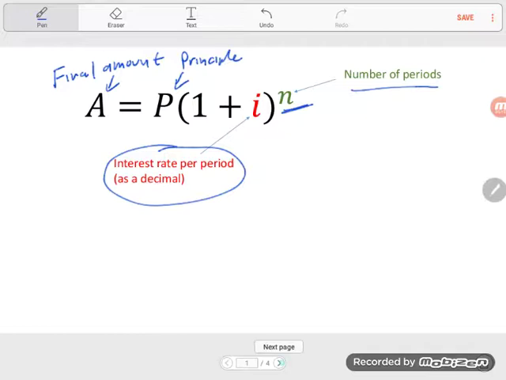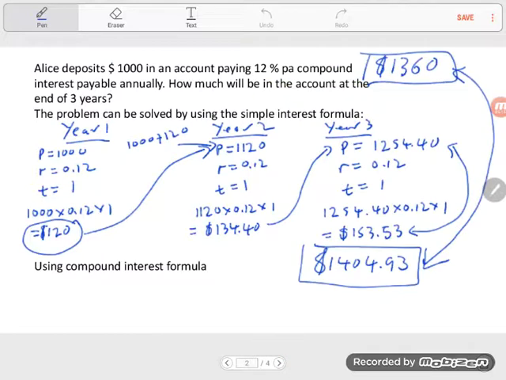So let's have a look at using this formula for this situation. So rather than doing 3 separate calculations, I'm going to do this all in one. We start off with a principal of $1,000. 1 plus the interest rate is 0.12. Now the N, the number of periods or number of years here is 3.